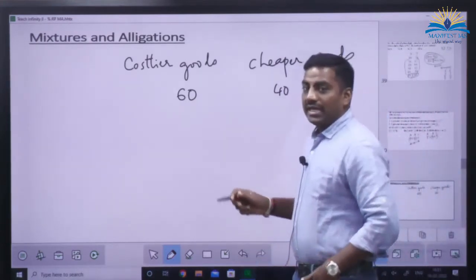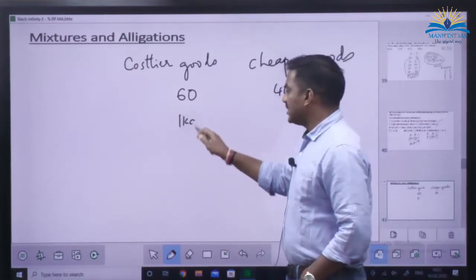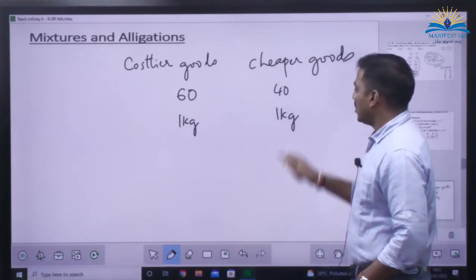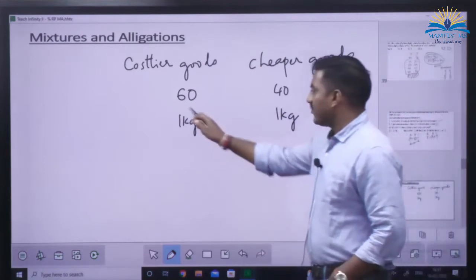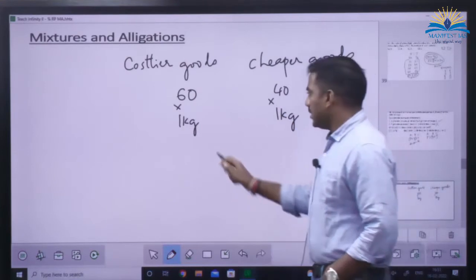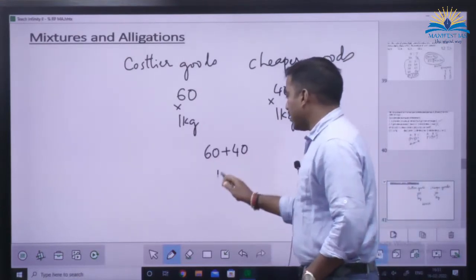Okay. Let's say the shopkeeper is giving 1 kg of this and he is mixing 1 kg of this. Now, what is the cost for him totally? 1 kg of this and 1 kg of this. So totally 60 rupees plus 40 rupees. So totally 100 rupees.